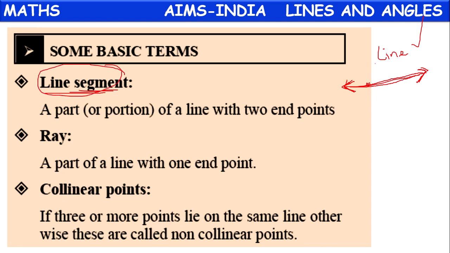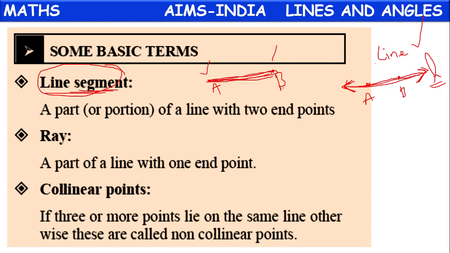Suppose here if I take point A and point B, two points on the line L, represented by small l. Then this AB part will be considered a line segment because it has endpoint A on the left-hand side and endpoint B on the right-hand side, which cannot be extended, whose length is fixed.